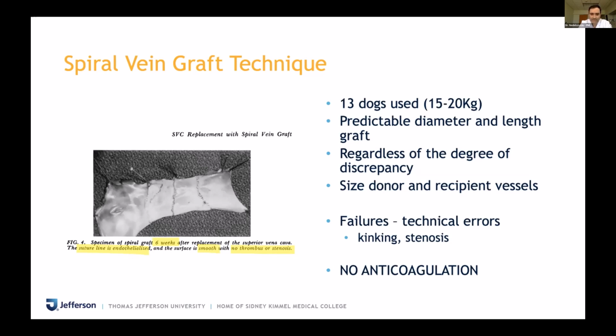Some of the failures they noted had to do with kinking or stenosis. It was noted in the paper that no anticoagulation was needed for this procedure, obviously in this study with 13 dogs. But this is a specimen 6 weeks after the graft was placed, where according to the paper, they describe the suture line as endothelialized and the surface as smooth with no thrombus or stenosis.